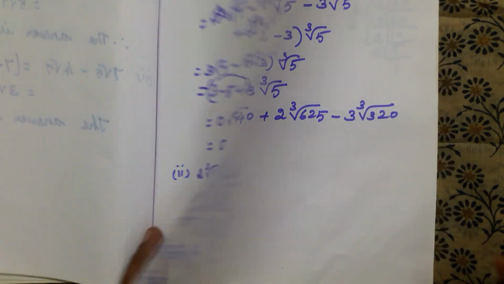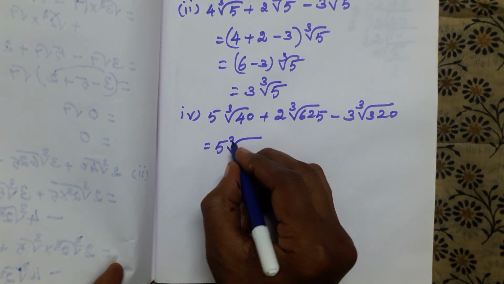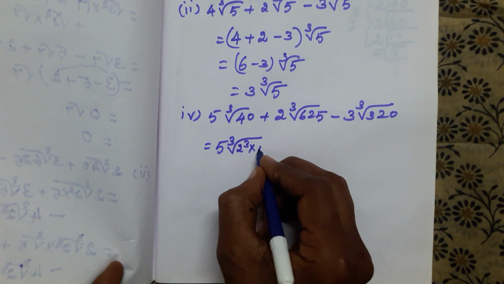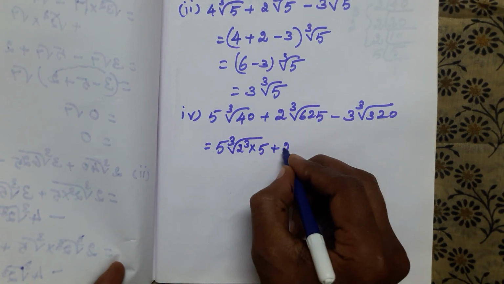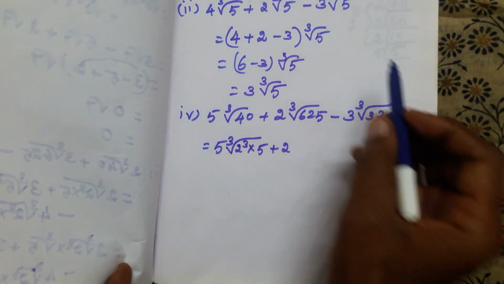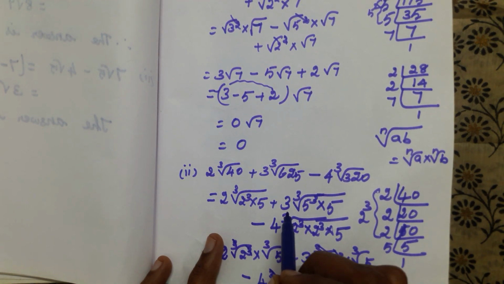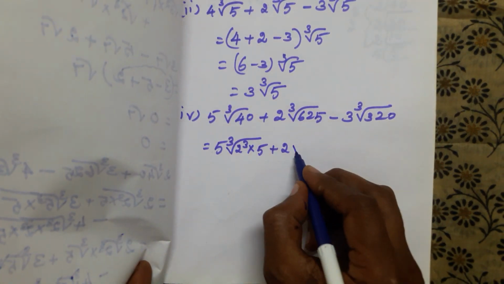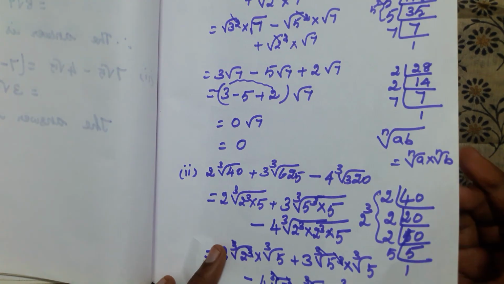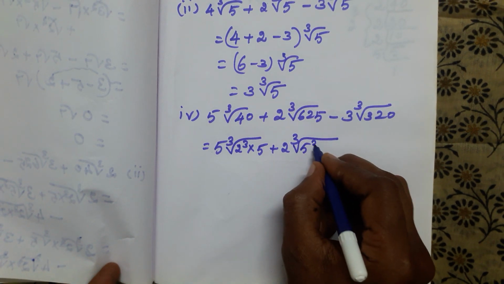How can we write it? Cube root of 2 cube into 5. Next, plus 2 into cube root of 625. Already we have factorized 625. How can we write? Cube root of 5 cube into 5.